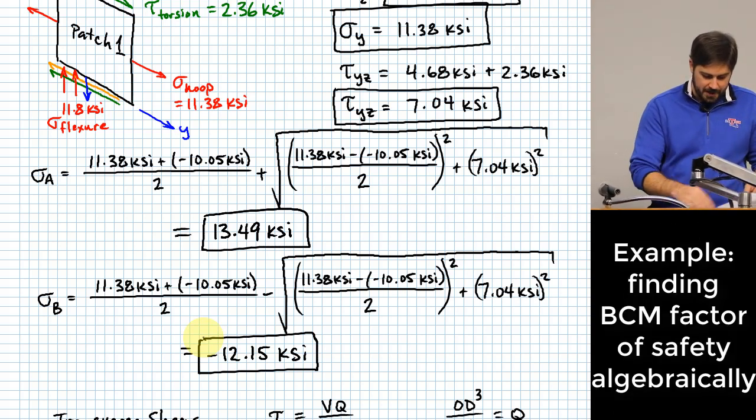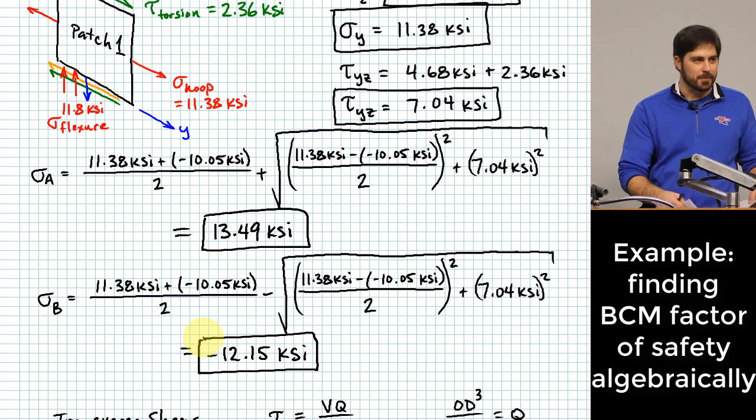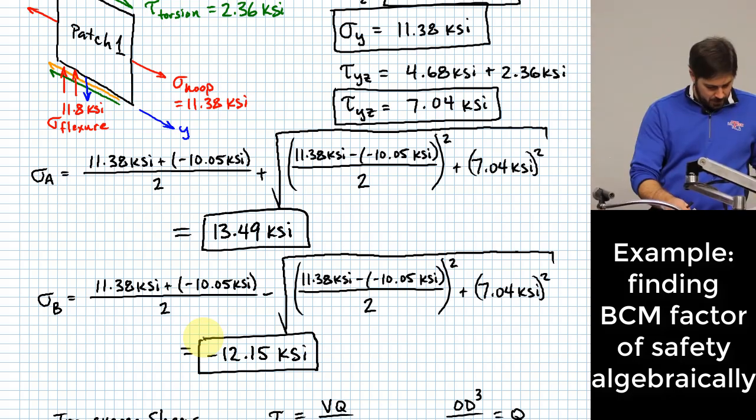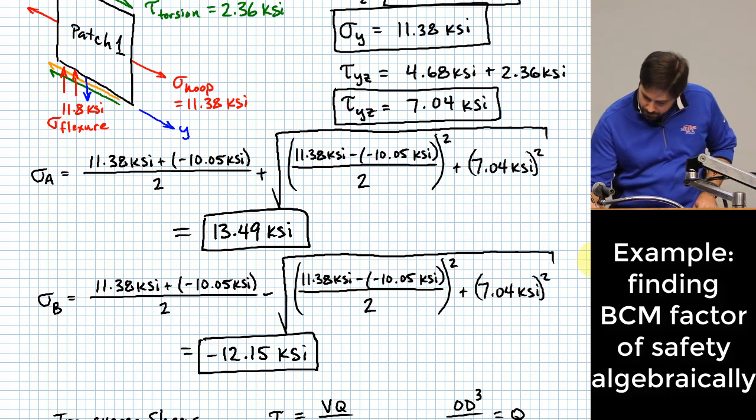Now I need to do factors of safety. Good news is this part's pretty easy, right? The worst is over now. So I'm going to go back and we'll first do Brittle Coulomb Mohr.